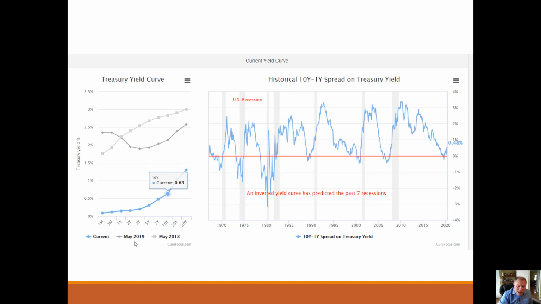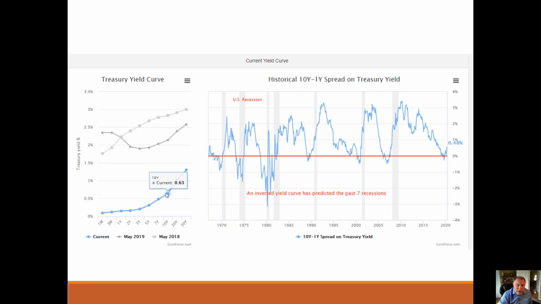If we go back to May of 2019, right here, short-term rates were almost higher than the longer-term rates. This we would call an inverted yield curve. If we go back to May of 2018, we had also a fairly normal curve.